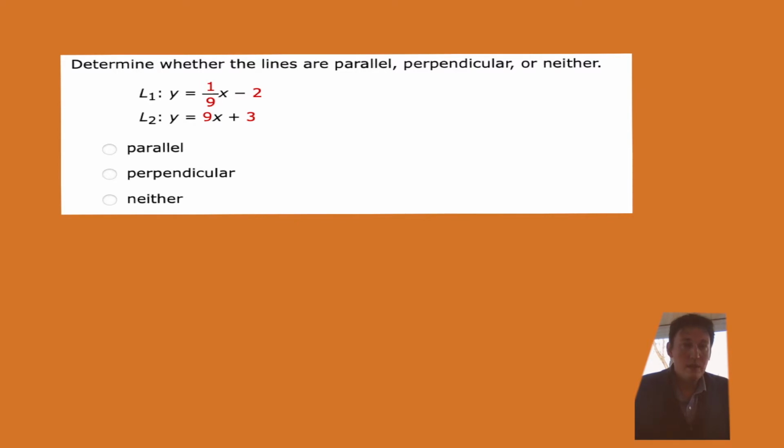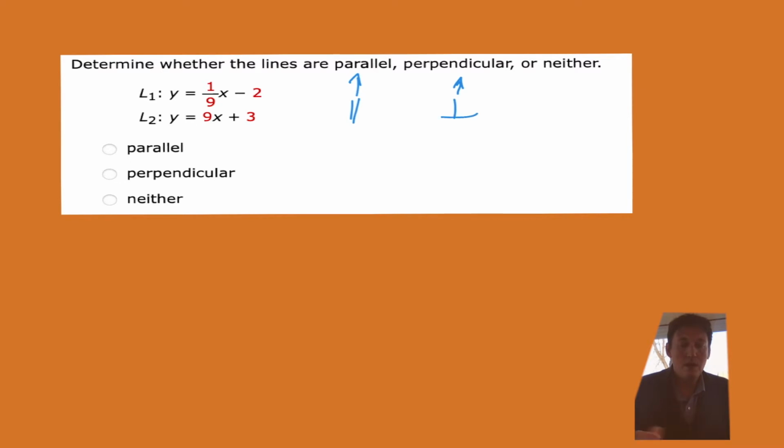In this example, you're asked to determine whether the lines are parallel, perpendicular, or neither. So let's just review really quick what happens to the slopes of lines in order to have parallel, perpendicular, or neither. So parallel lines are two lines that have exactly the same slope. They have to be exactly the same sign, same value.